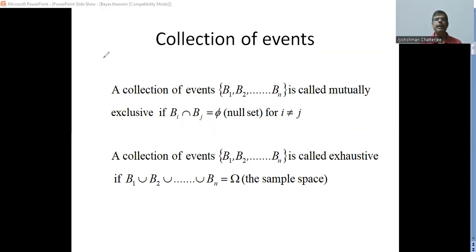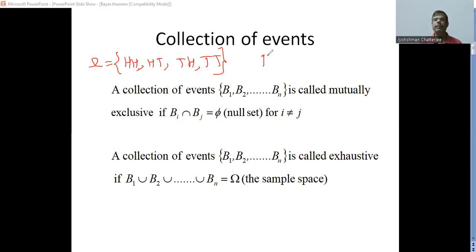For the same example, our omega is HH, HT, TH, and TT. We are considering the same random experiment. Now consider this.